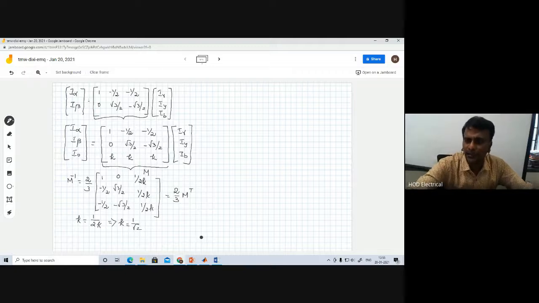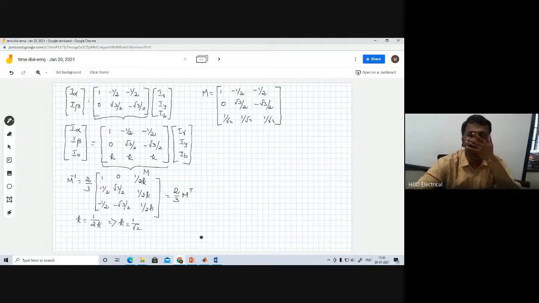Now the M matrix can be written as 1, minus 1 by 2, minus 1 by 2, 0, root 3 by 2, minus root 3 by 2, then 1 by root 2, 1 by root 2, 1 by root 2. So this is the matrix M.